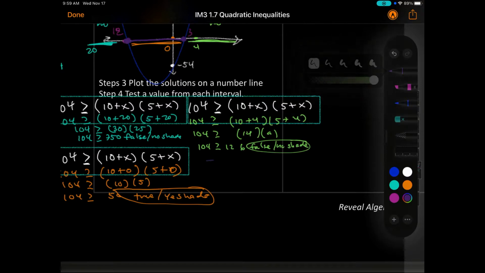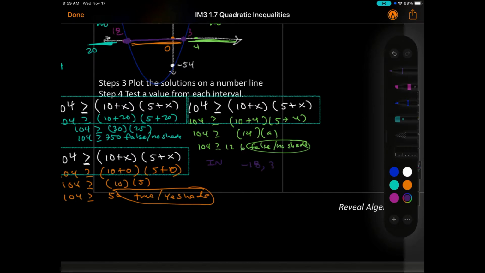So as an interval notation, I can have an answer between -18 and 3. And I'm putting brackets because it includes that solution.